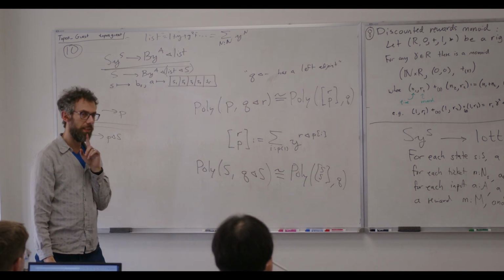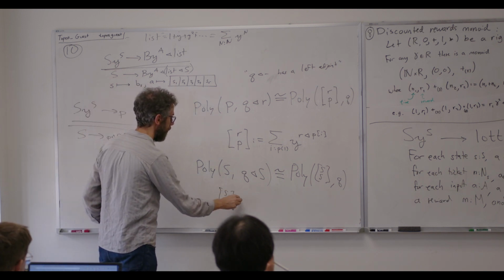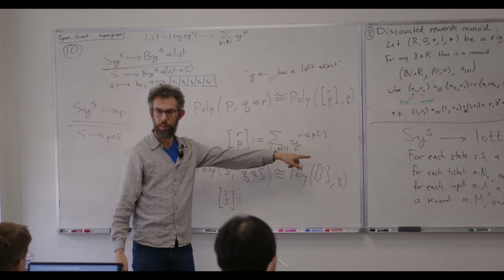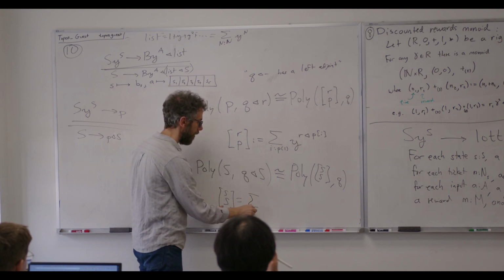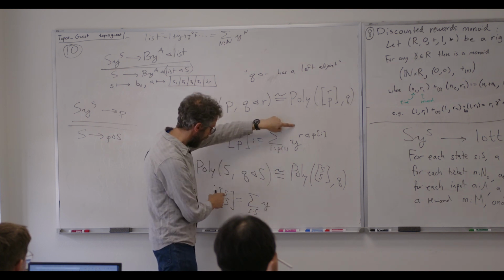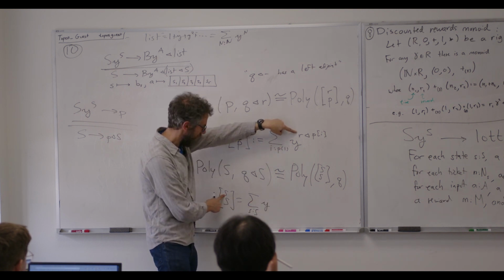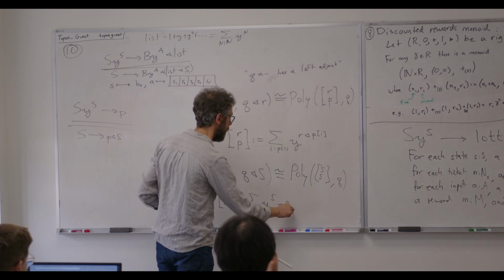So what do you think Ss is? Sy to the s. Well, it's whatever this says it is. So it's the sum over s in S of y to the power s, but s is a set, just a constant polynomial.